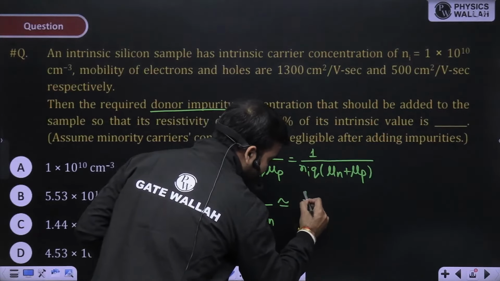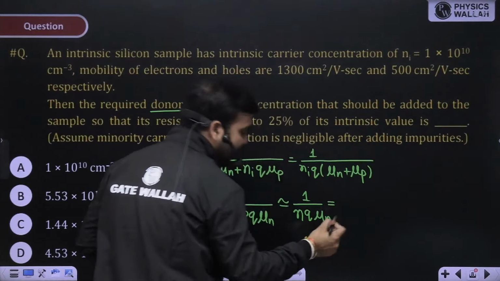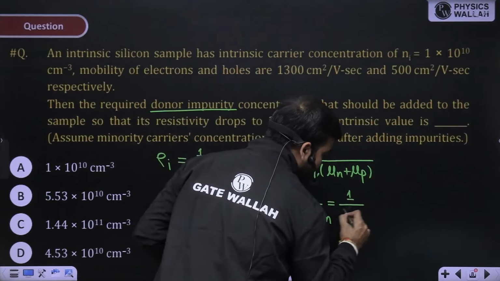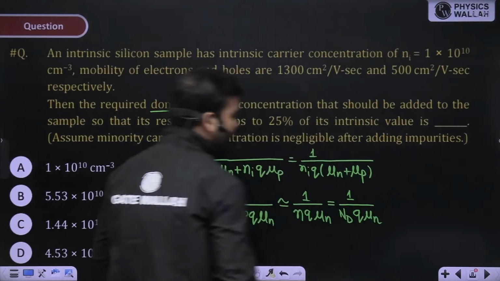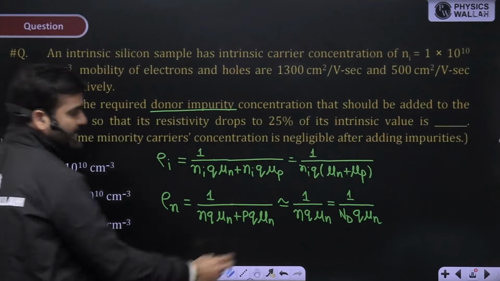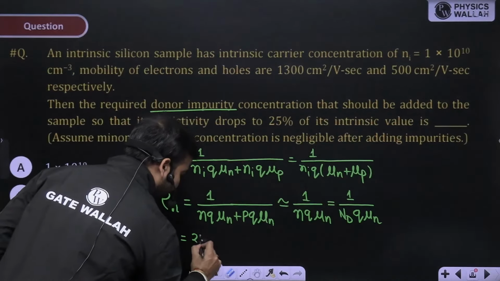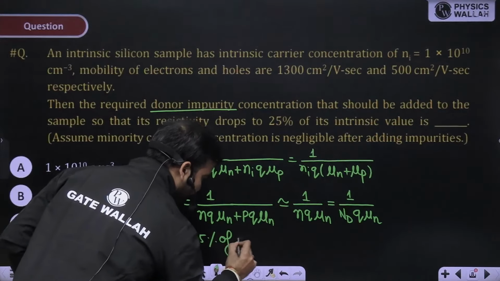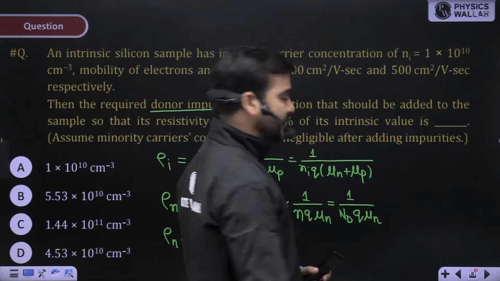So you can say it is 1 upon NQμN. And you know very well, in an n-type semiconductor, electron concentration is approximately Nd. So you can write 1 upon NdQμN. Now the question statement is saying that rho of n is 25% of rho of I, and then you have to calculate the value of Nd. This is the question.